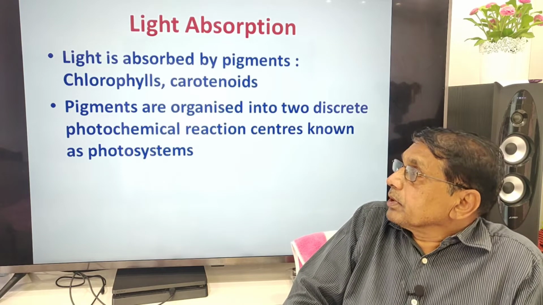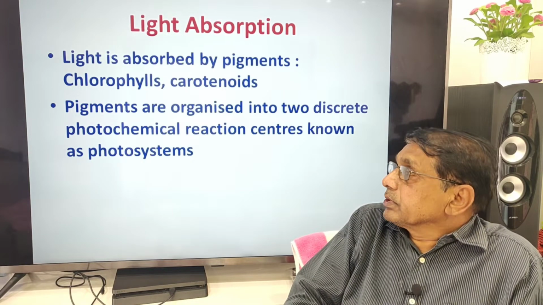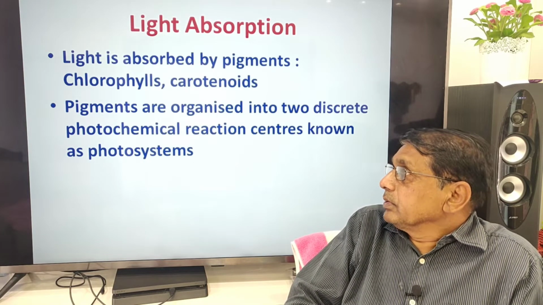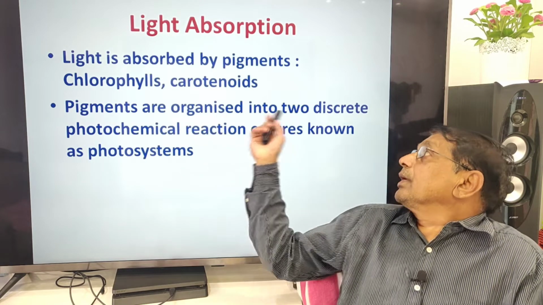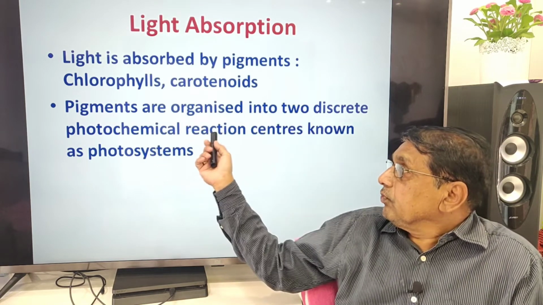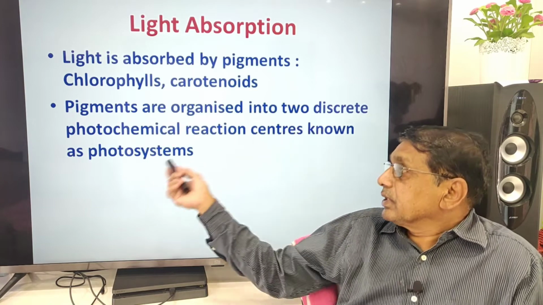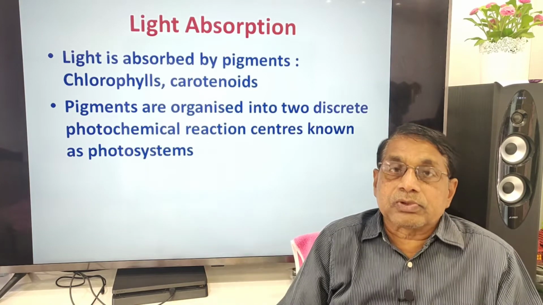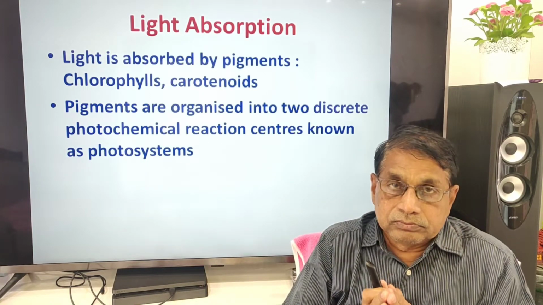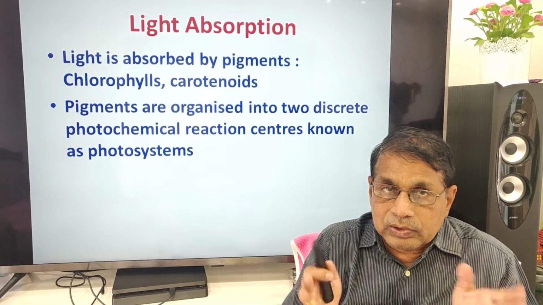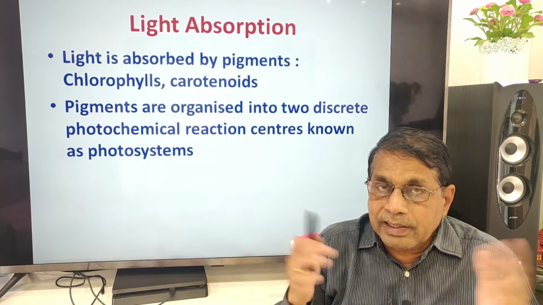Then light absorption. Light is absorbed by the pigments, chlorophylls, carotenoids. Pigments are organized into discrete photochemical reaction centers known as photosystems. What are photosystems? The chlorophyll molecules, carotenoid molecules are not randomly distributed.